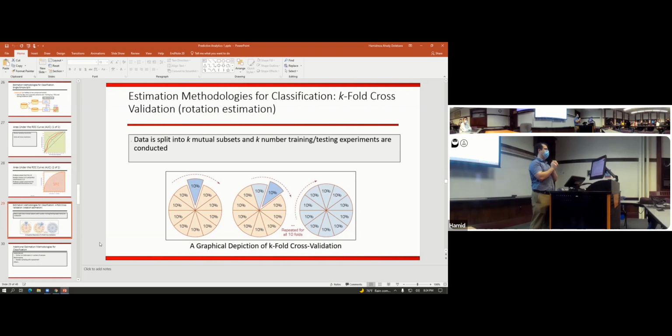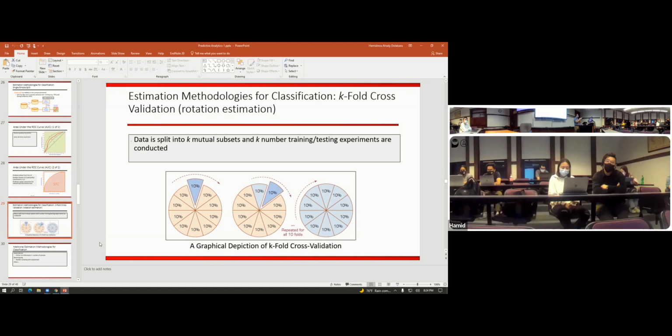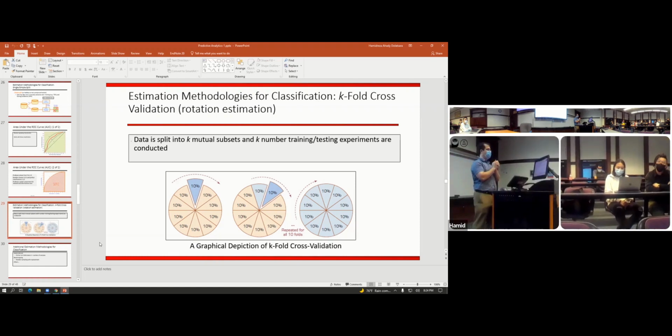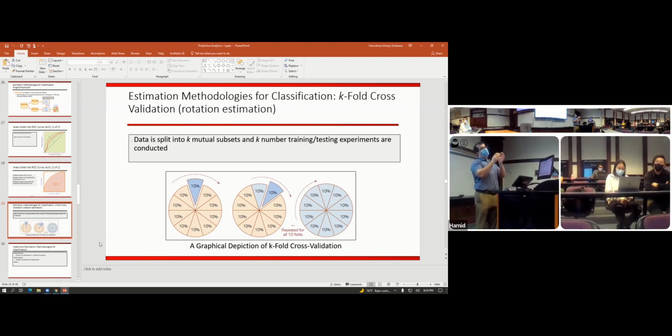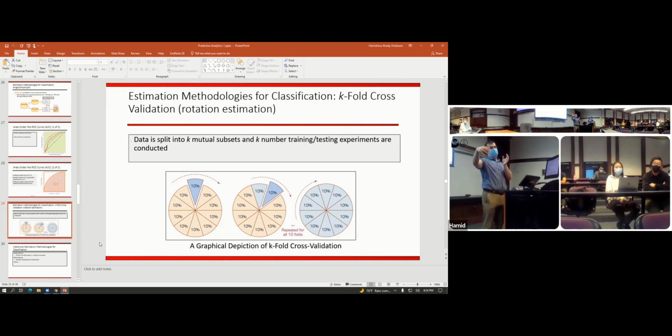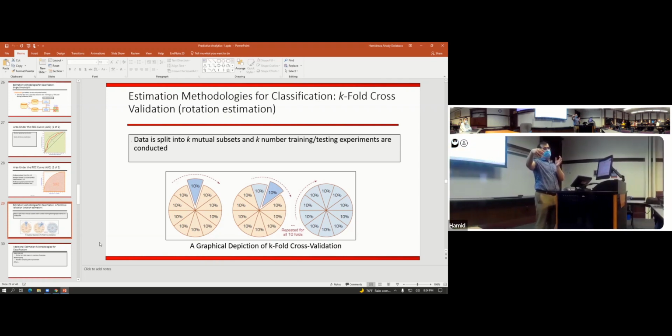So here we have 10-fold cross validation. Each time you pick one of those 10% as your validation set, and you train your model on the remaining 9 sections. After training your model on the remaining 9 sections, you predict the leftover 10%, and you report your performance.